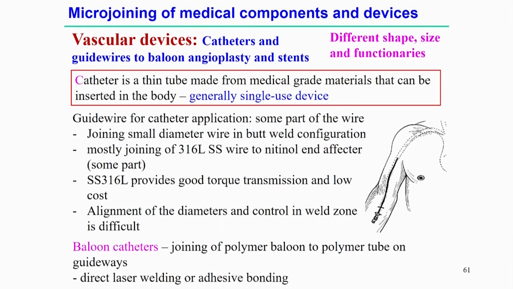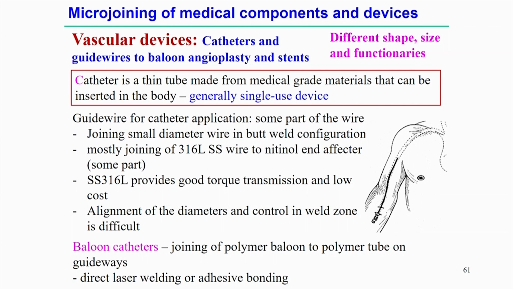First we focus on specific microjoining technologies for specific vascular devices. These vascular devices are catheters, guide wires, balloon angioplasty and stents. In these devices we use welding technology in different ways.